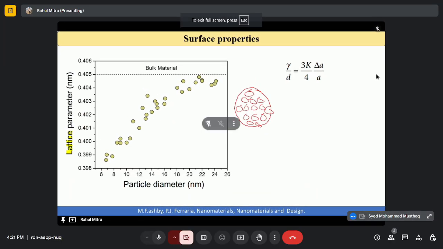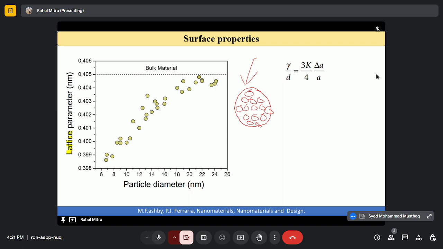So if I have a nanoparticle like this, with many atoms, how is the lattice parameter going to change?